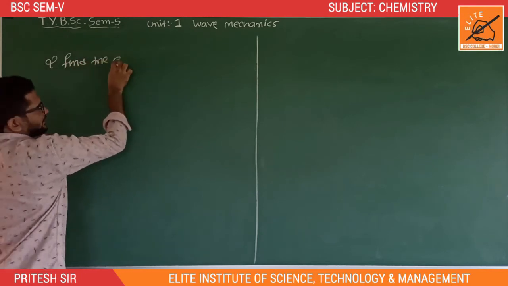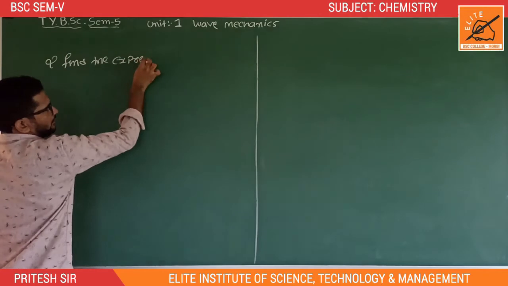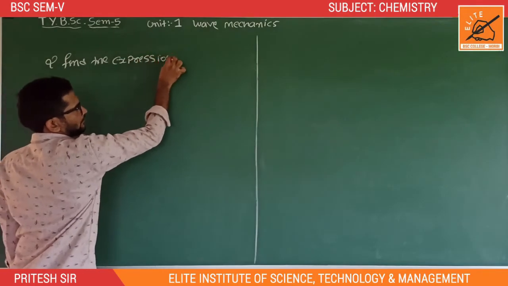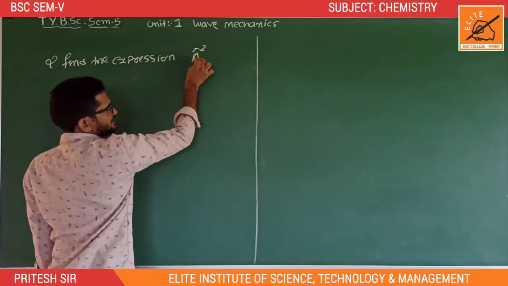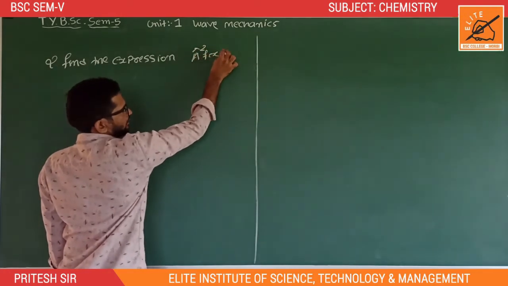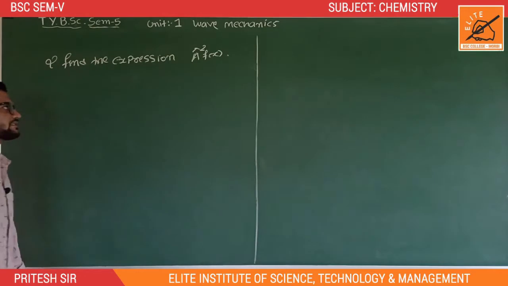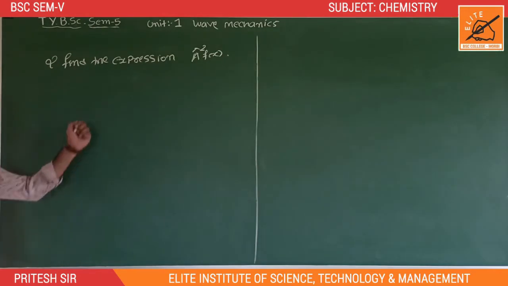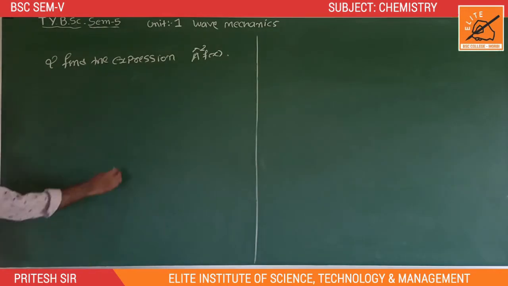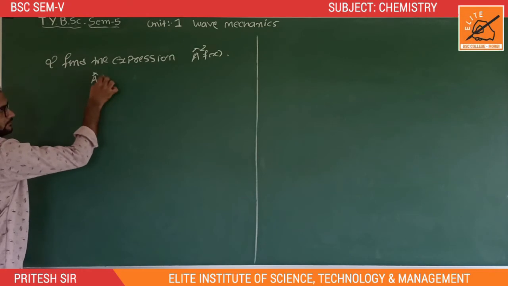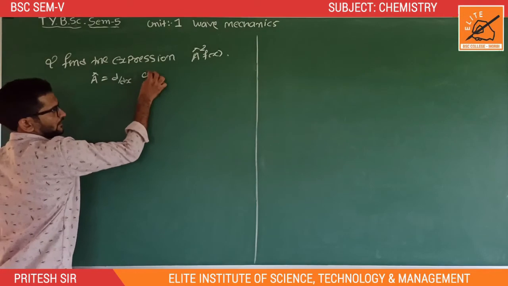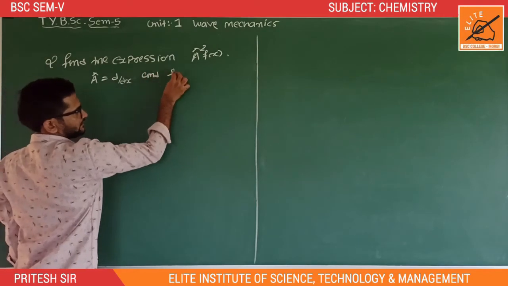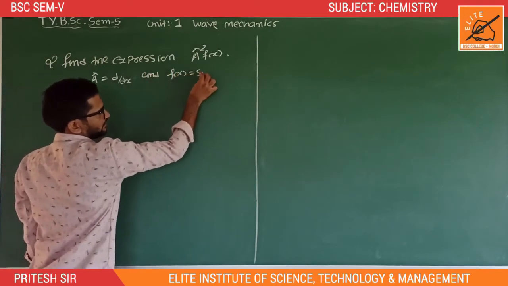Okay, now the question given is: find the expression A square f(x), where the operator A is equal to d by dx and the function f(x) is equal to sin x.